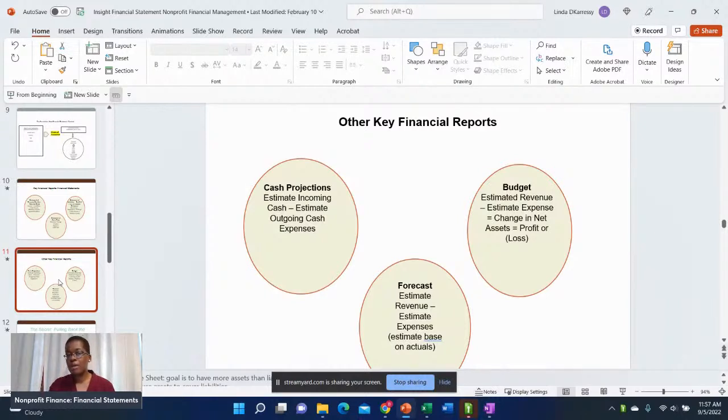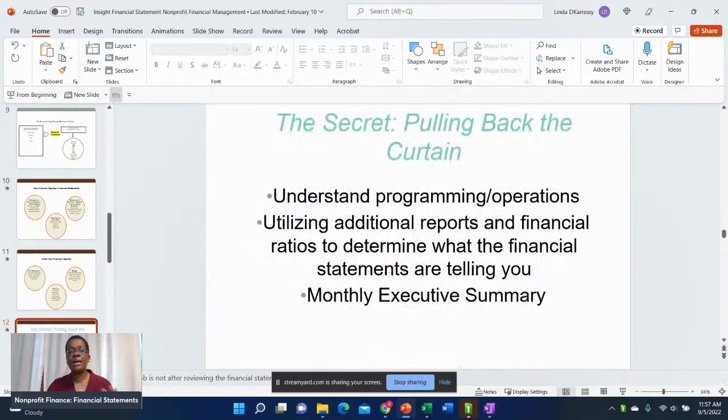Because as we know in the nonprofit sector, grants and donations all have a timing. You want to make sure that you have enough in the bank to cover when income is not coming in. Then we also need to be reviewing your budget, estimating your revenue, estimating your expenses, creating a budget, and also forecasting, another important report. I call this the secret, pulling back the curtain.